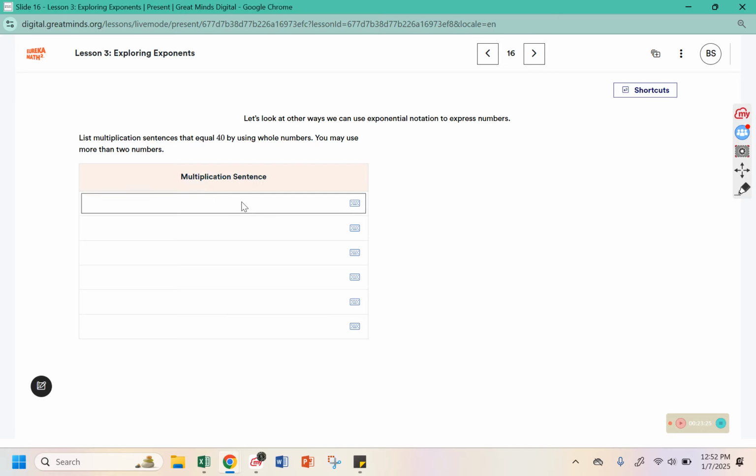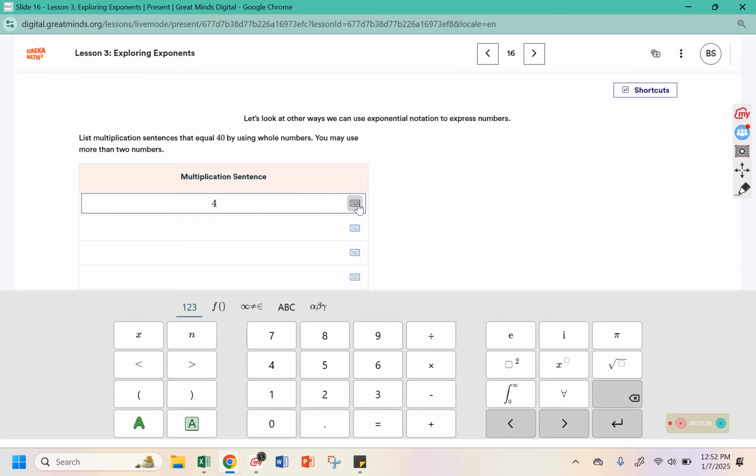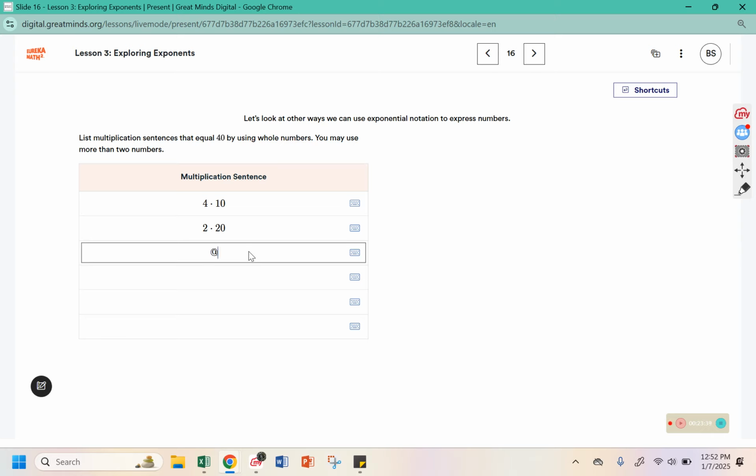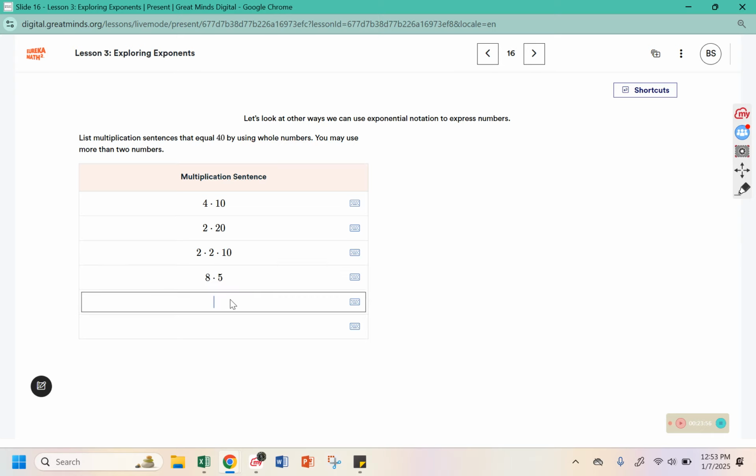Well, 4 times 10 is 40. 2 times 20 is 40. 2 times 2 times 10, because 2 times 2 is 4, and 4 times 10 is 40. We have 8 times 5 is 40. That could be the same as 4 times 2 makes 8, and then times 5 would make 40.